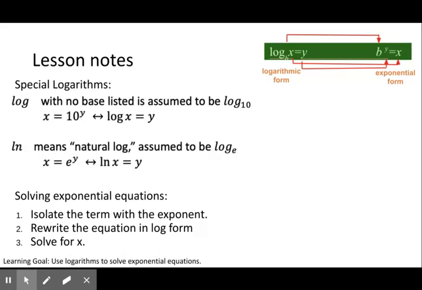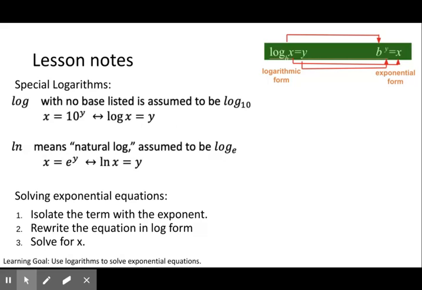So whenever you see ln, that's not a special type of logarithm. It means the same as any old logarithm. The difference is it's just a base e. So whenever we want to write log base e, we're going to use ln. And when we have log base 10, we'll just write log with no base. So that's a couple of important things to note for today.